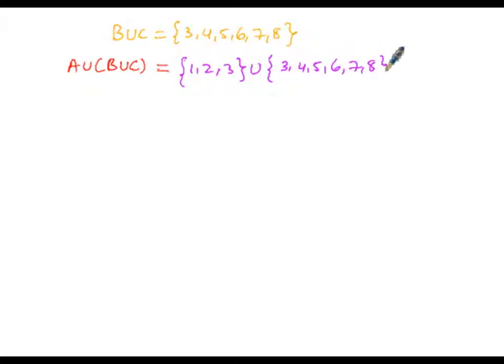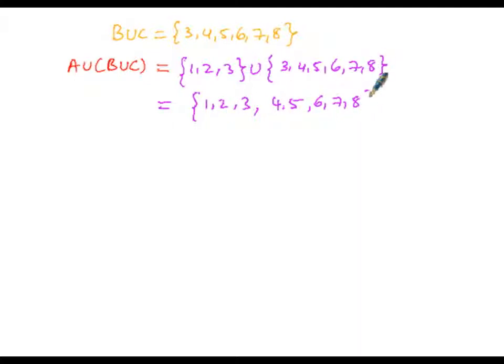Now, in order to find the union of these two sets, first let us write the elements of the first set, that is set A: 1, 2, 3, copied as they are. Then to include the elements of B union C, we see whether they are occurring or not. 3 is occurring here, so we need not repeat it. 4 and 5 are not occurring, so we can include 4, 5. Similarly 6, 7, 8 are also not occurring, so we can include 6, 7 and 8.